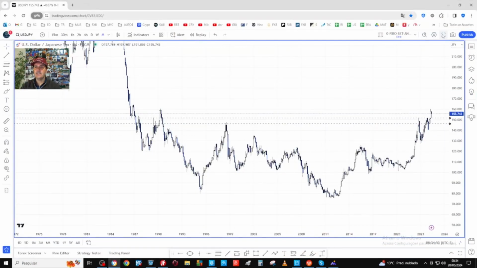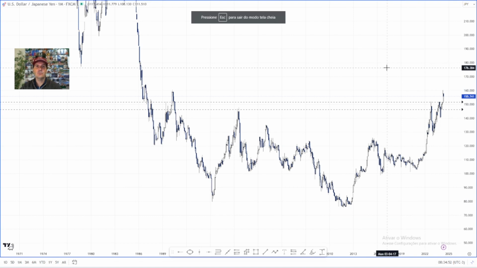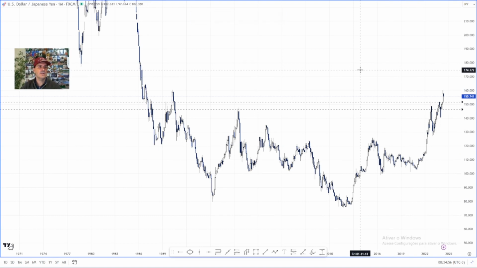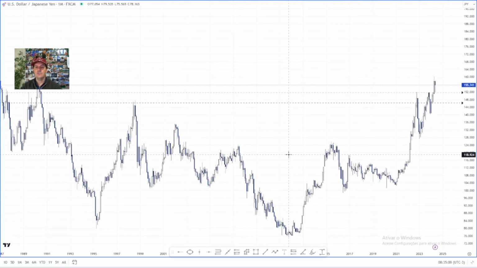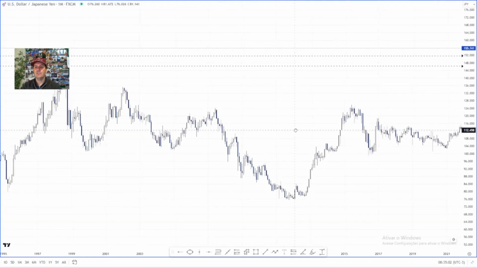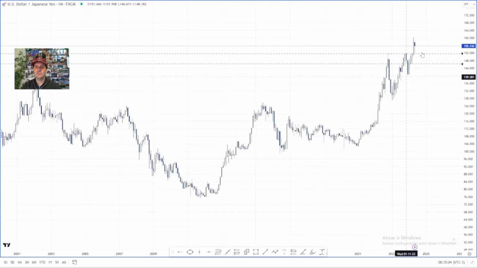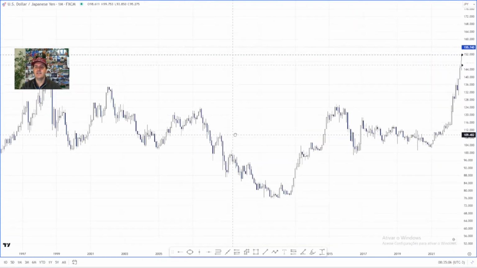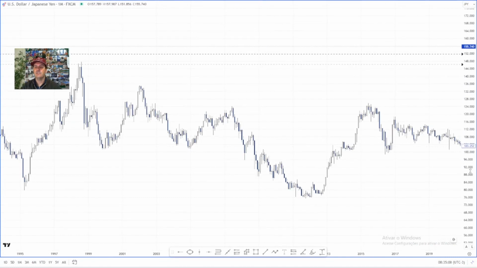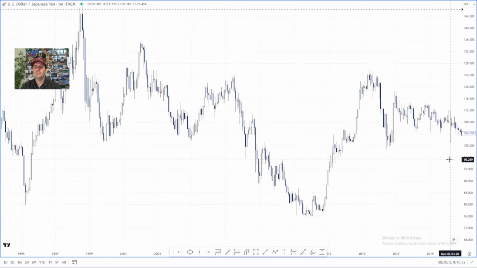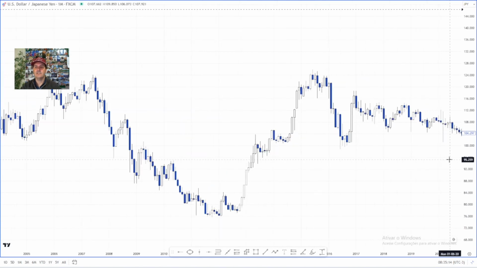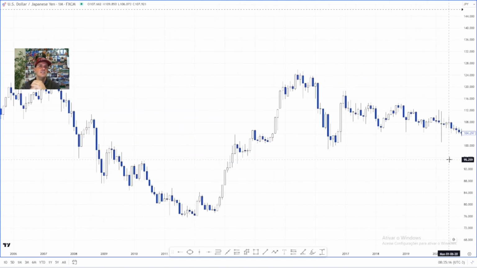Everybody, so how to properly draw trend lines? We are on the USD JPY monthly chart. This is the market right now, but if I hide the future, and go back in time, the market is like this. This is what you see.